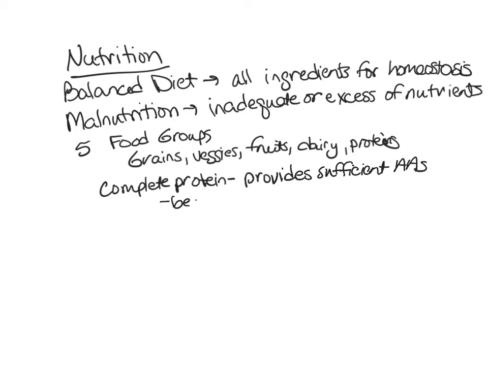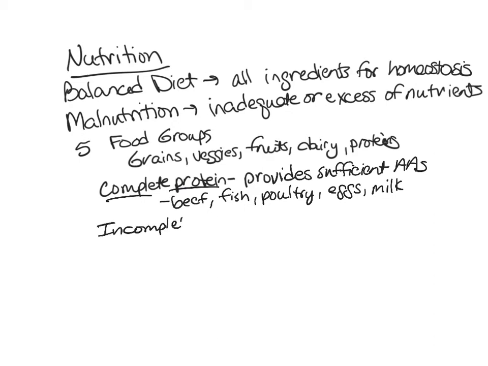Things like beef and fish and poultry, eggs and milk, they're all considered complete proteins because they can provide you with all the essential amino acids in sufficient enough quantities. An incomplete protein is a protein that is deficient in one or more amino acids.